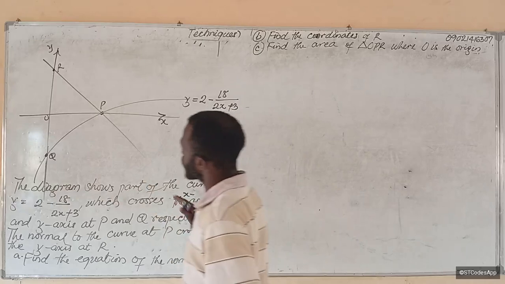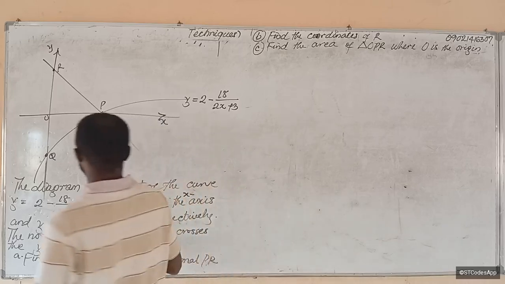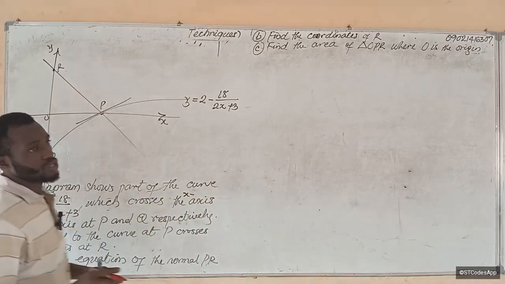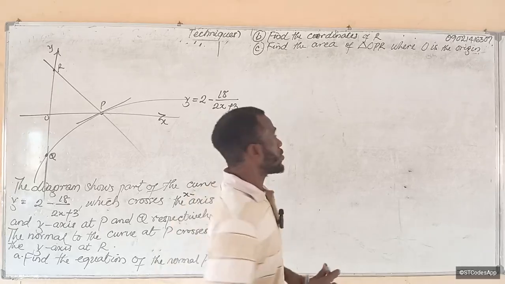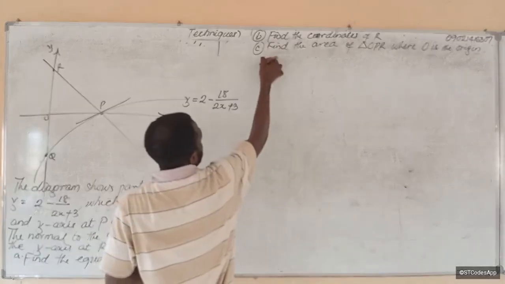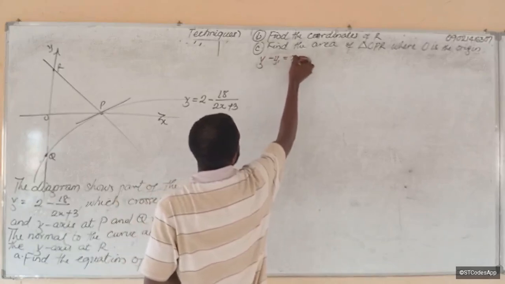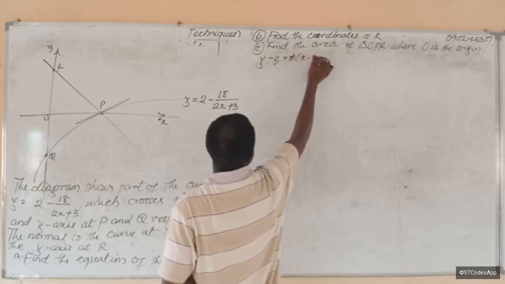So we need the equation of this normal that is perpendicular to our tangent. First, we need to calculate this position to be able to know the equation of our tangent. In our equation of tangent, we have y minus y1 equal to m into bracket x minus x1.